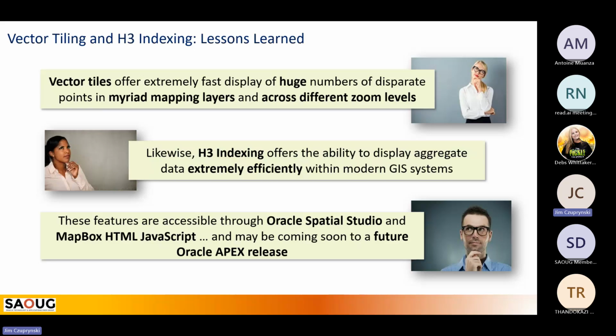It'll be easier to do this in future Oracle Apex releases. Be aware, you could create an iframe in an Oracle Apex app. I haven't had time to actually build that yet. And then share an Oracle Spatial Studio spatial frame inside Apex. But I'm guessing that probably in the next couple of releases in Apex, you won't even have to do that, right?